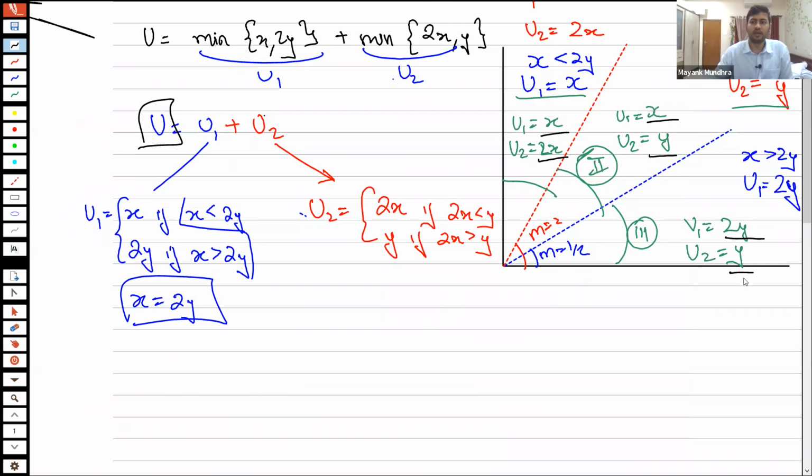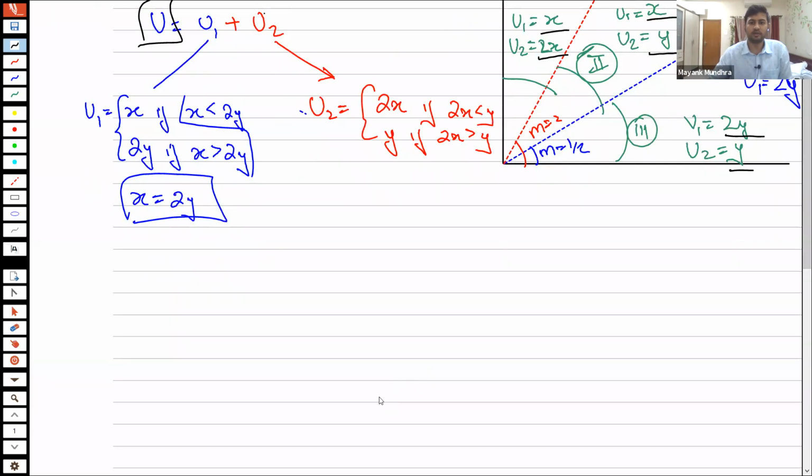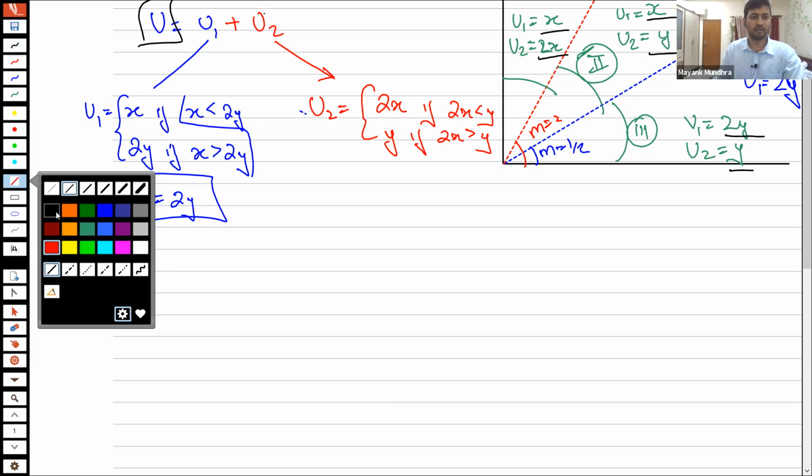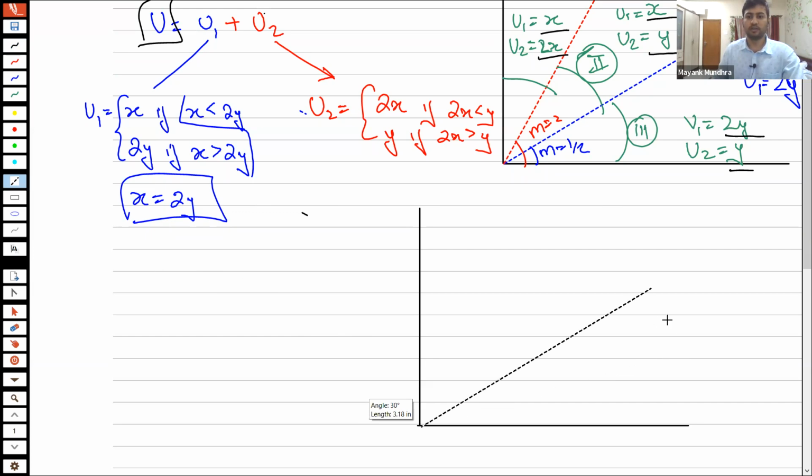Anyway, coming back. So we have 3 zones now, and in each zone, we have a different utility function. So now let us draw the overall picture. In the overall picture, we have 2 lines. One is your y equals x by 2. Other is your y equals 2x.